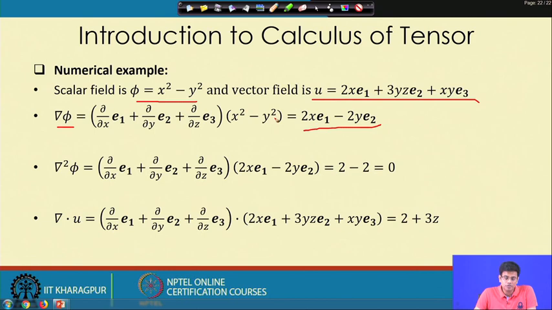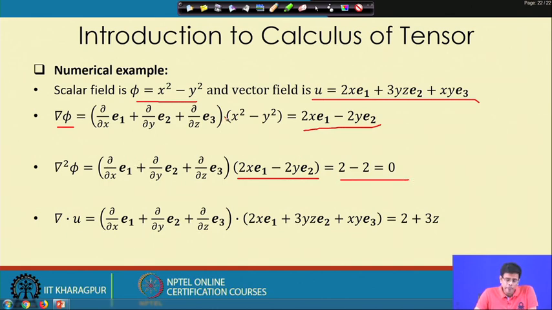Since it is not a function of z, this quantity is 0. Now, del square phi means the Laplacian of that scalar function, so essentially del dot del phi. Del phi we have computed from the previous part, and if I take the del inside again, it becomes this. So, it is a dot product.